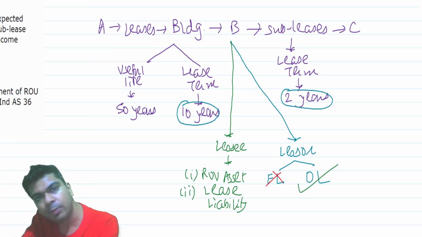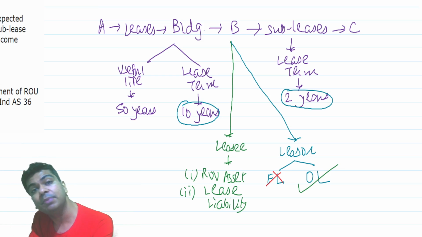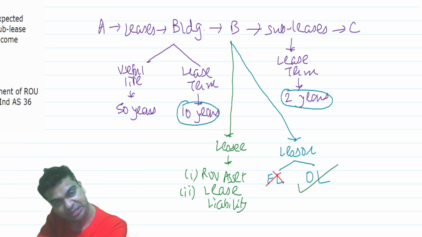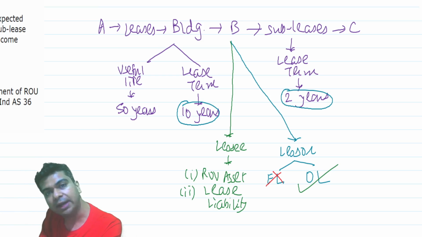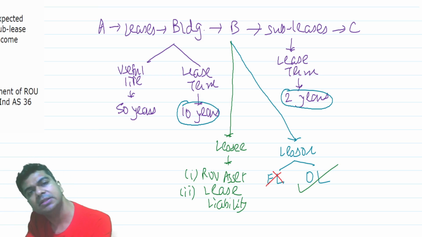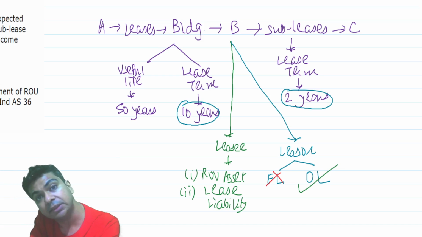The moment you say operating lease, they don't say anything about ROU asset. They don't say anything about lease liability. They simply say whatever are your lease receipts, recognize that as your income over the lease term on straight line basis unless and until some another systematic basis available. That's it. Nothing else is suggested.